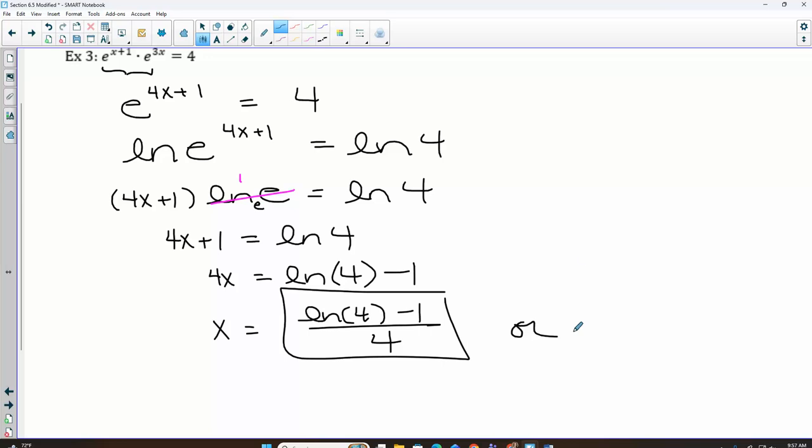And what do you get? Yeah, that would round up to 0.0966 or 0.097 if you did 3 decimal places.